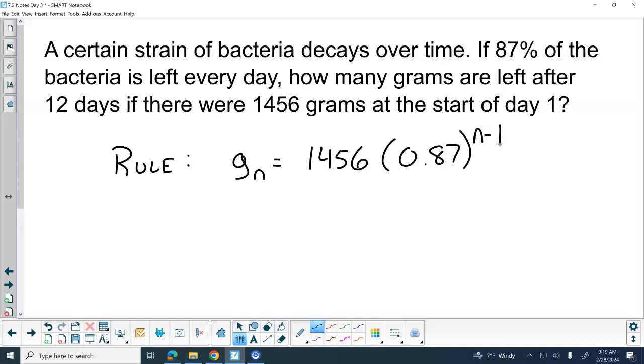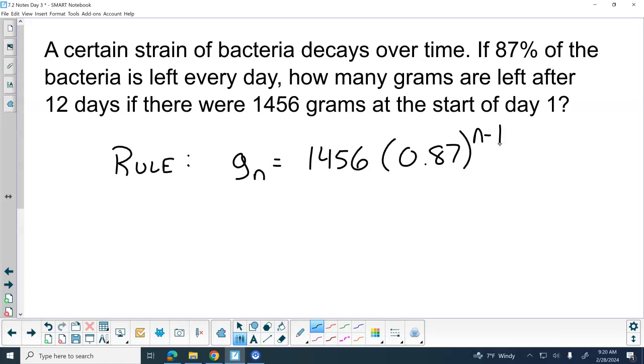There's 1,456. Do we all agree we are trying to find G sub 12? No, that would still be the 12th term. But I'm asking, do we all agree, based on the wording of the problem, that we should be finding G sub 12? Yes.